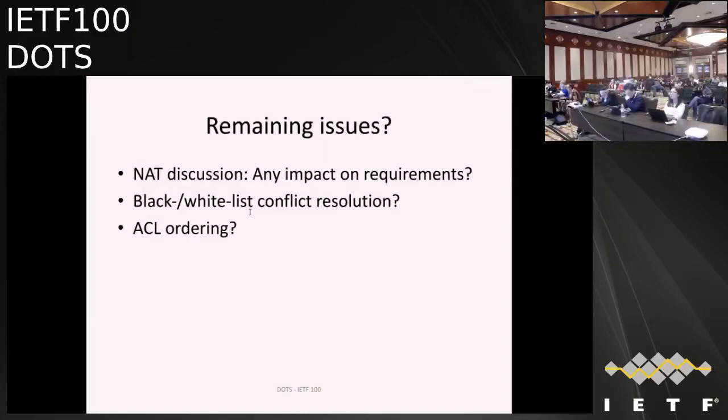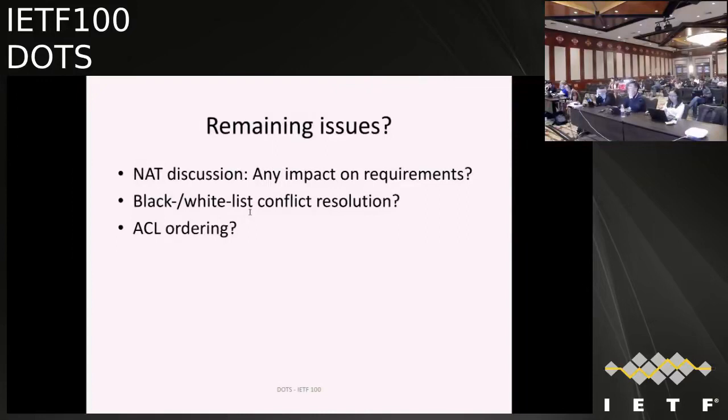In going back through the archives, I don't see anything that means an obvious change to the requirement, but other members of the working group may disagree with me. I believe Artyom brought up the possibility of black-white list conflict resolution. My impulse is simply to say that white list will supersede black in this case. But again, the working group may disagree.